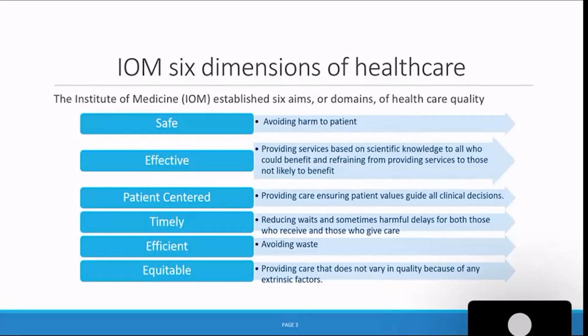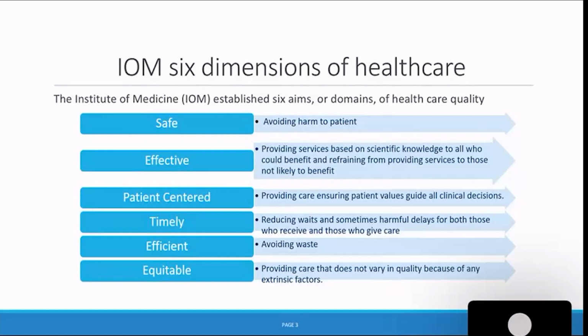Equitable means providing care that does not vary in quality because of any extrinsic factor. So providing uniform care regardless of gender, race, geographical distribution, or any other difference. The care should be equitable and accessible.